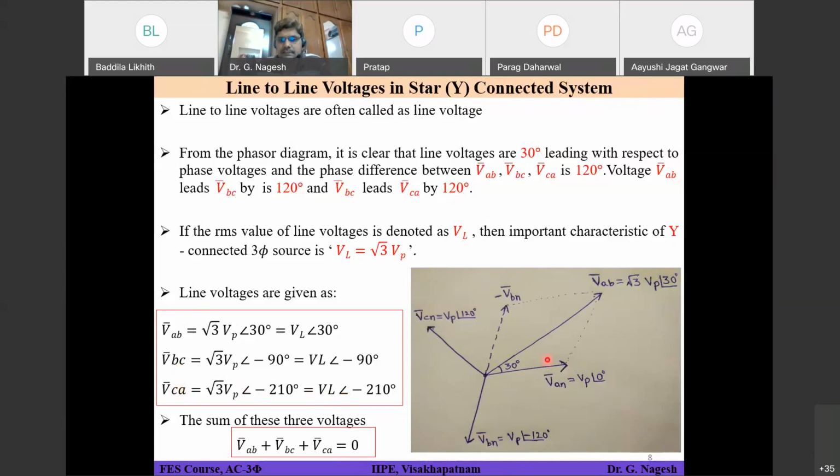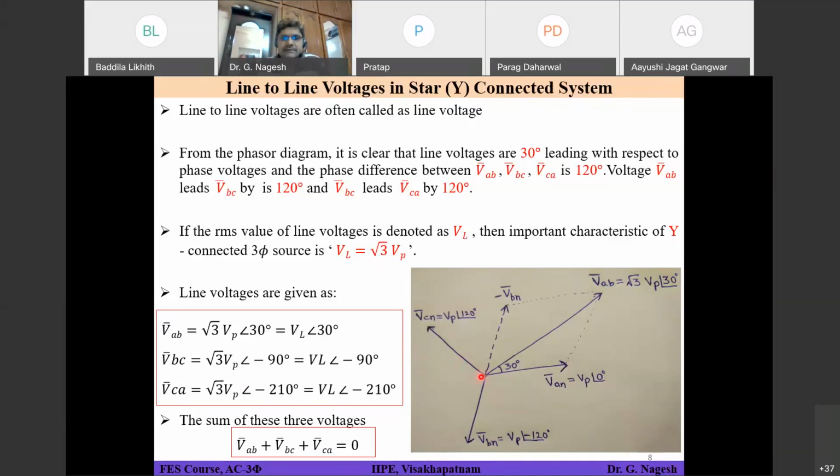That means AB will be here, BC will be exactly 90 degrees in the downward direction. Okay, and VCA, if you talk, that will be somewhere here. Okay, so 30 degrees ahead of VCN it should come, so it will fall somewhere here, right?